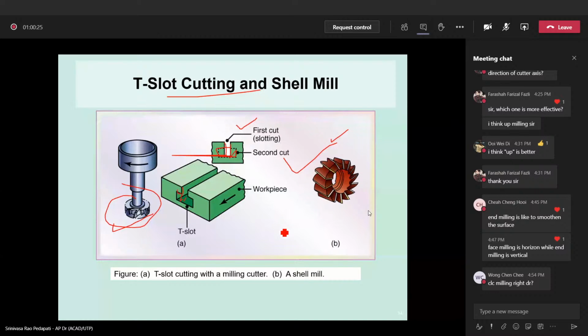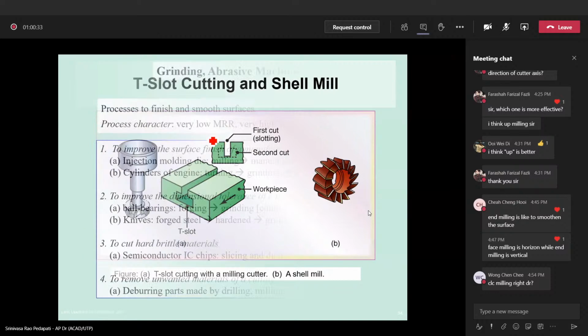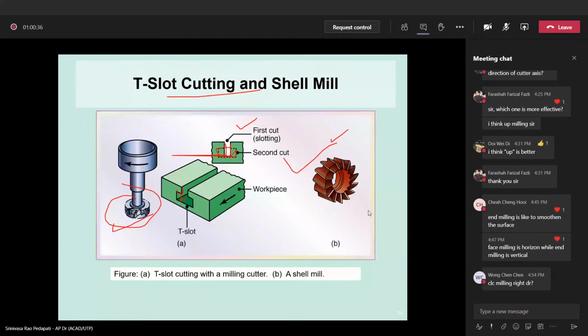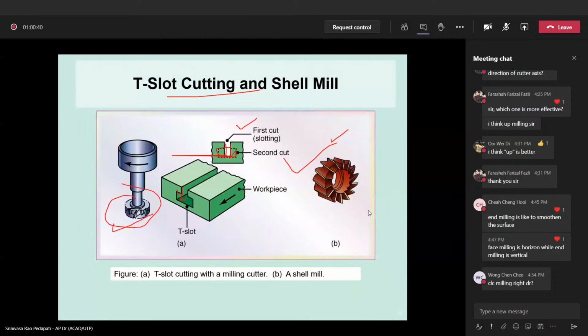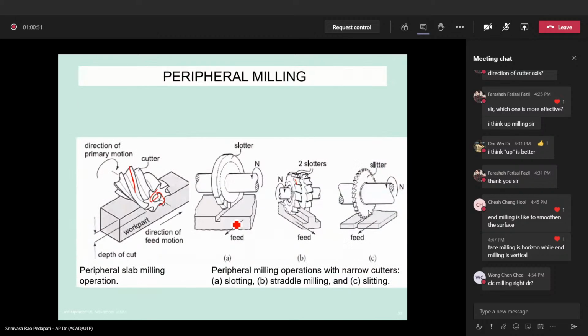milling cutters are available. Like form cutting, if you want to cut gears, we use a form cutter of that type. I think I did not show that in the previous video, but like in slot cutting, if you want to cut a gear, you have a gear type of tool, in the case of straddle milling.